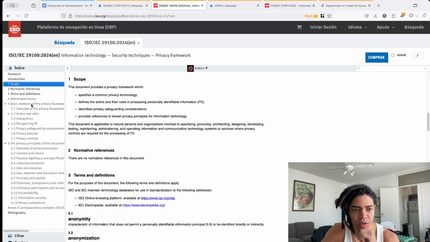The basic elements of the privacy framework are collection limitation, data minimization, use, retention and disclosure limitation, accuracy and quality, openness, transparency and notice.